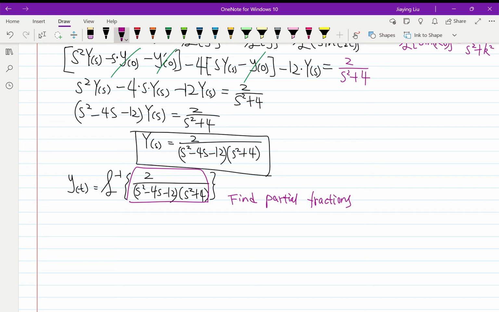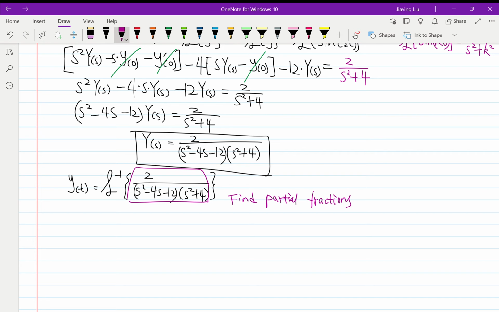So in the future, let's say you were working on something like this, and you feel like you're going to end up with something complicated, you have to use partial fractions. So it's perfectly fine if you start factoring before you get to this point. For example, here you can just say, oh, I'm going to factor this first, because I'm probably going to use partial fractions.